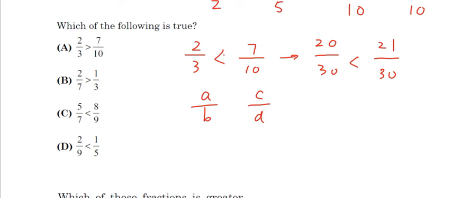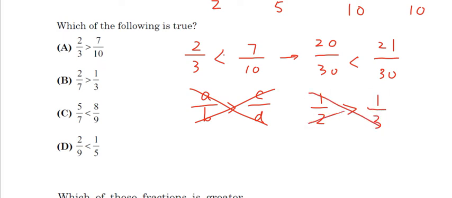Or we can just multiply crosswise and compare. Let's say we claim 1/2 is larger than 1/3. Why? Because 1 multiplied by 3 is larger than 2 multiplied by 1, right? So we just check this.